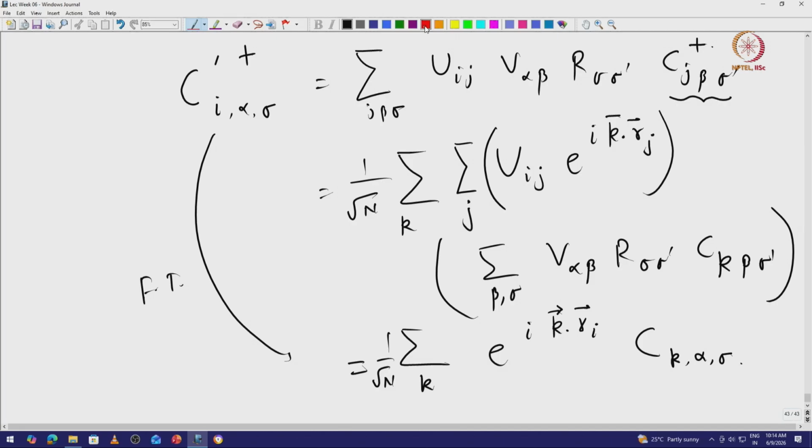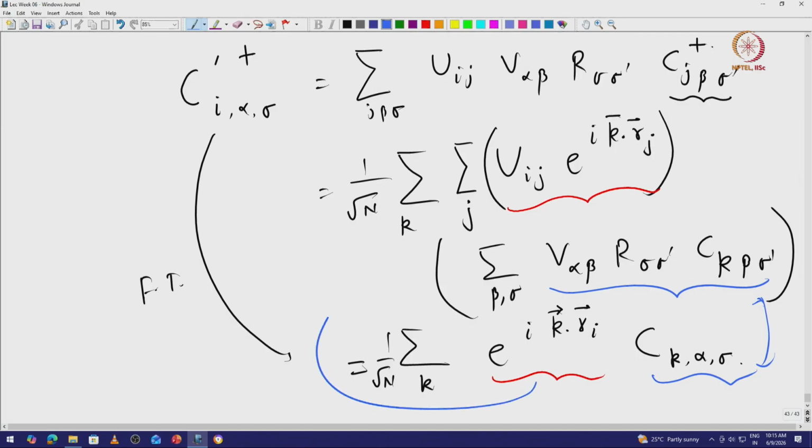So, it does look like I just have to compare this with this and this with this, and how they transform.